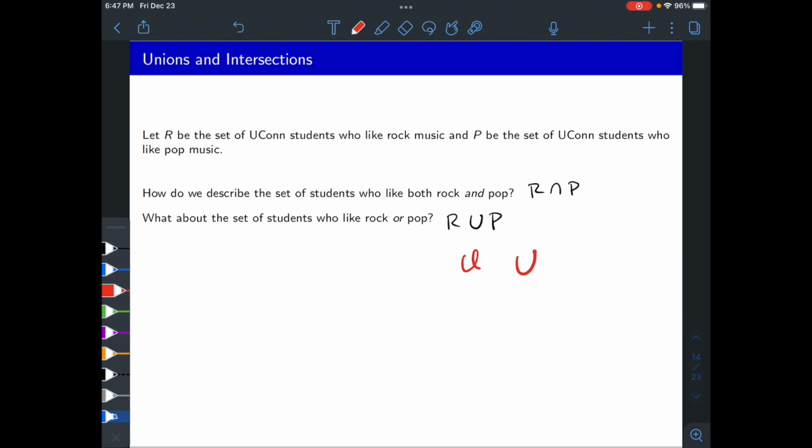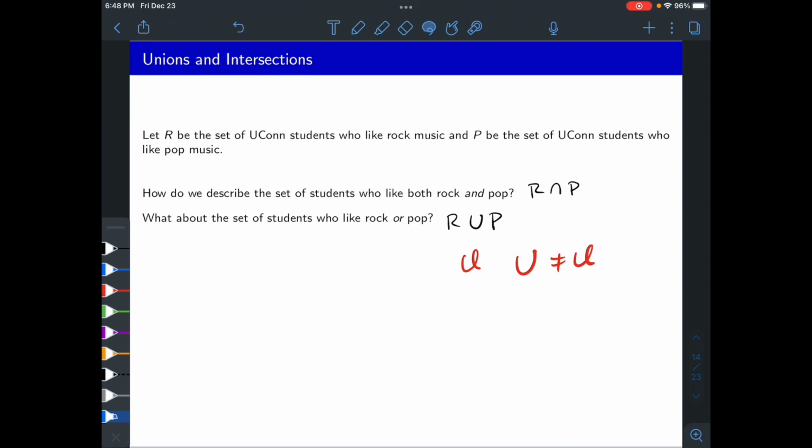This union symbol is different from how you write the letter U. It's literally just the upside down of this thing right here. This is kind of a pet peeve of people that do a lot of set theory. Don't write your union symbols like the letter U, even though it is kind of meant to look like the letter U. I don't know.